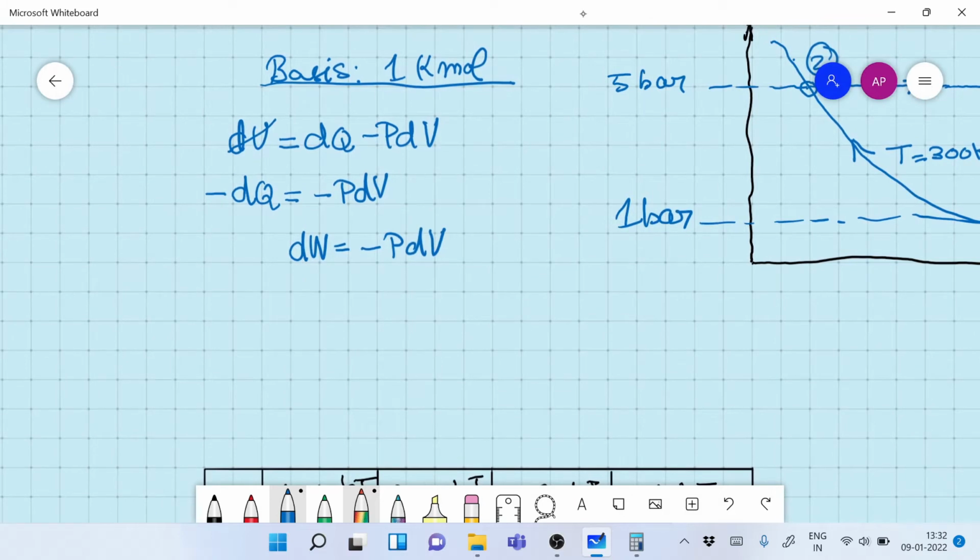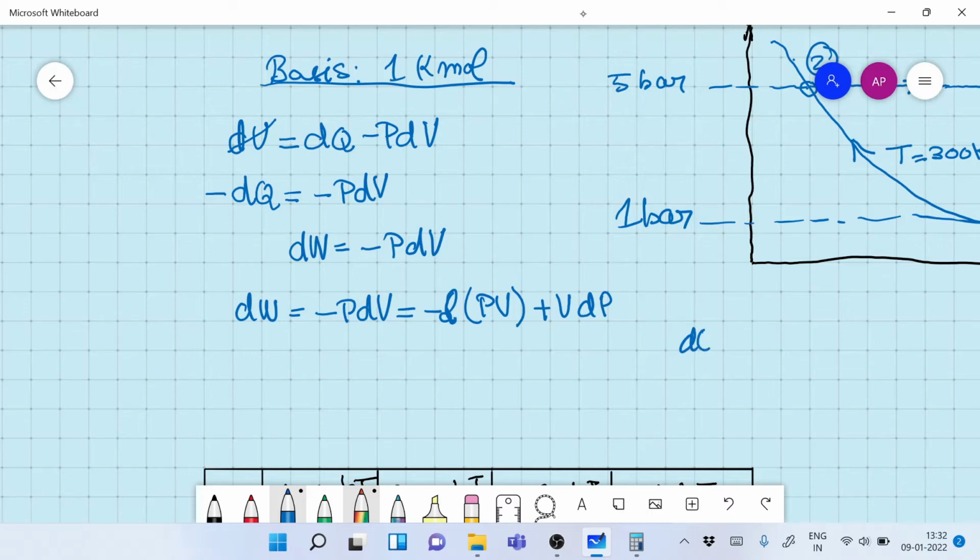So let's concentrate on calculating the work first. So we have dW is equal to minus P dV, which can be written as minus d(PV) plus V dP.